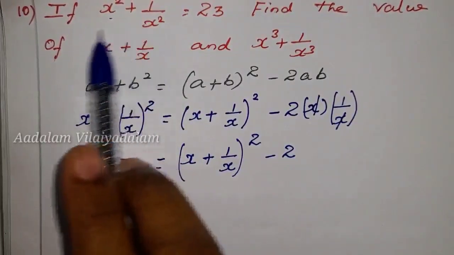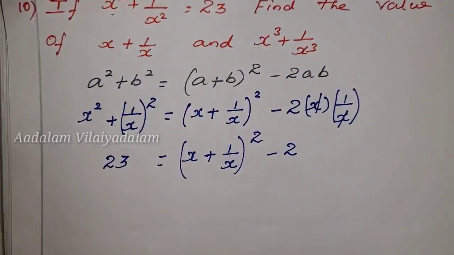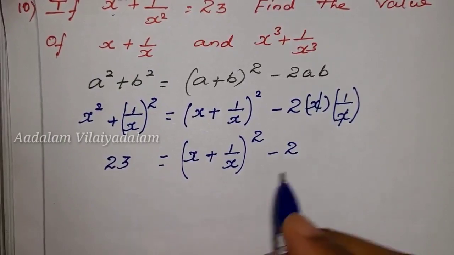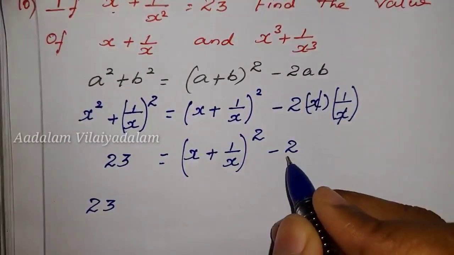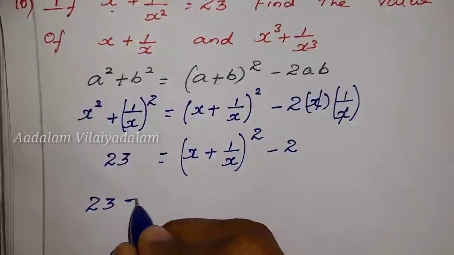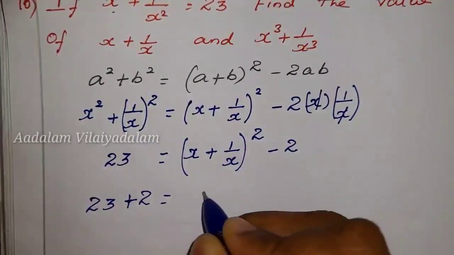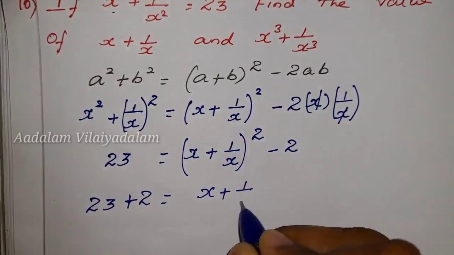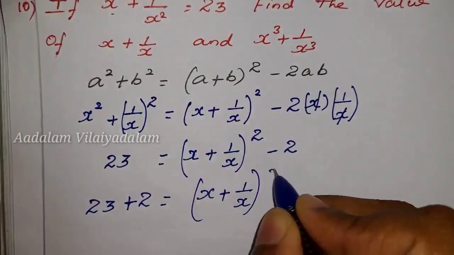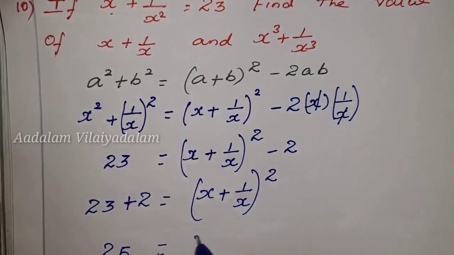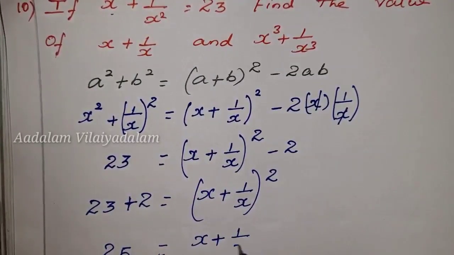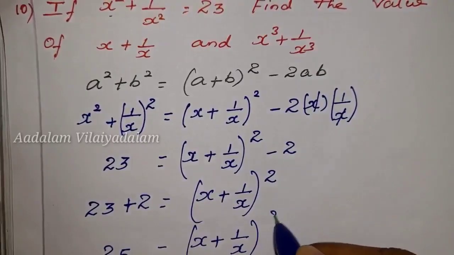We have to find the value of x plus 1 by x. So minus 2 on the right side, convert to the left side means plus 2, equal to x plus 1 by x the whole square. So what is the answer here? 25 equal to x plus 1 by x the whole square.